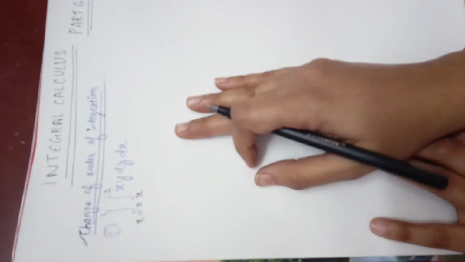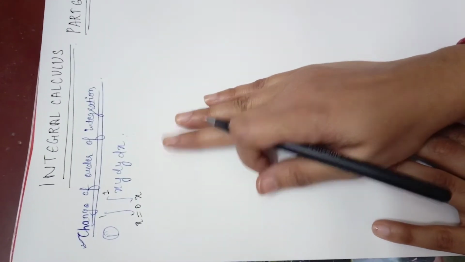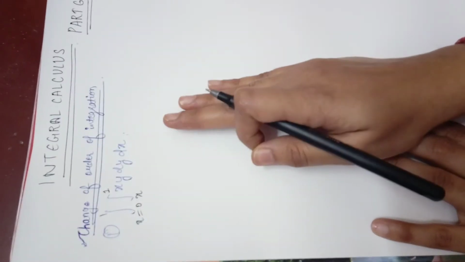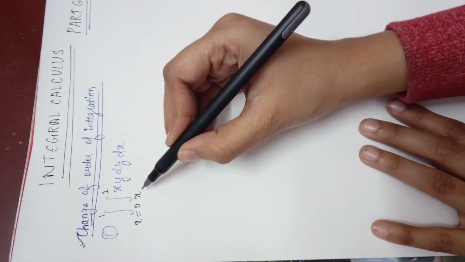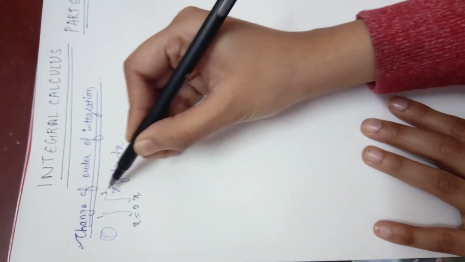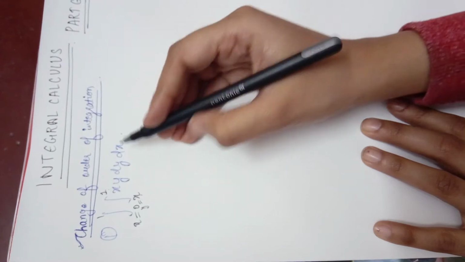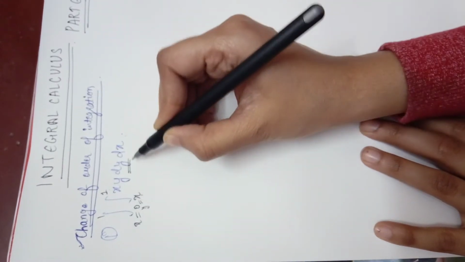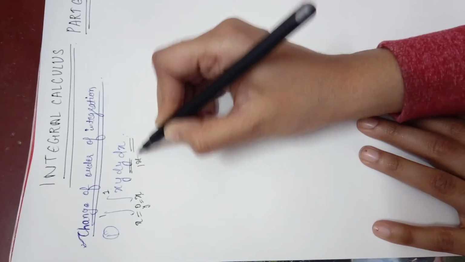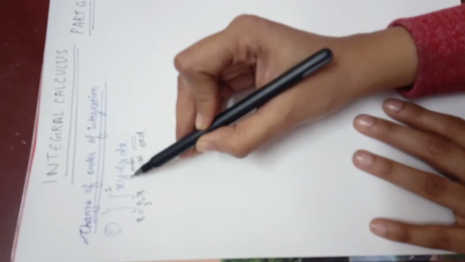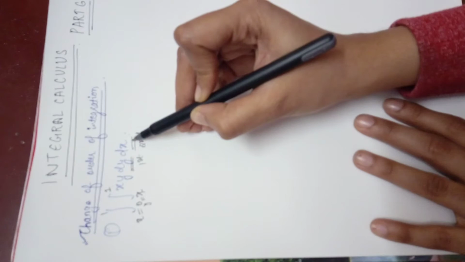We have to solve this question, and I will show you both without interchanging and with interchanging, and we will get the same answer. First of all, this limit from x to 1 must be the limit for y. Also you can see it is dy first and then dx, so y is my first variable and x is my second. So I'll first integrate with respect to y and then with respect to x.